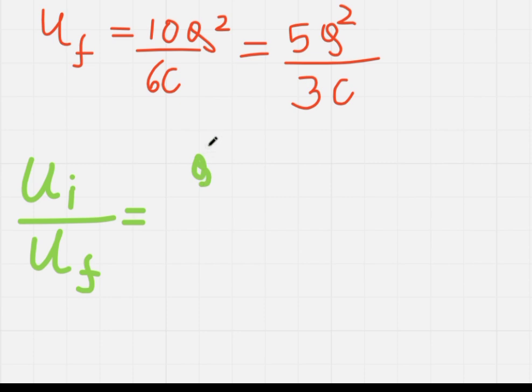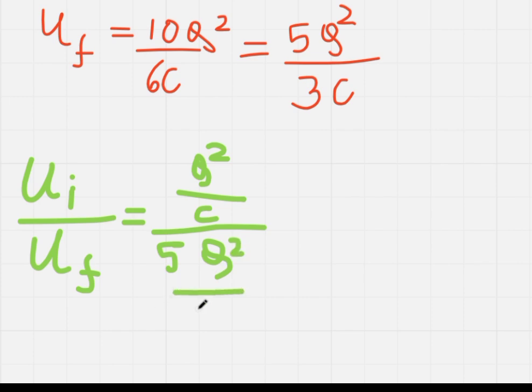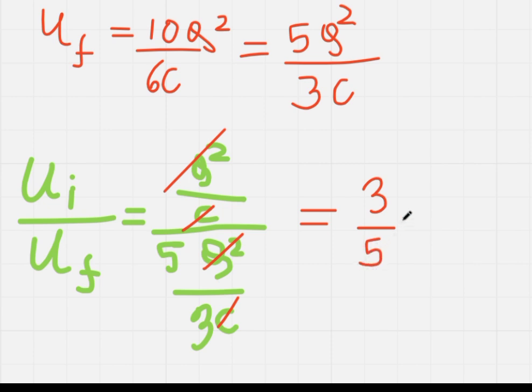So this is Q square by C divided by 5Q square by 3C. Of course you cancel Q square and C. So you will be left with 3 by 5, and the ratio thereby becomes 3 is to 5.